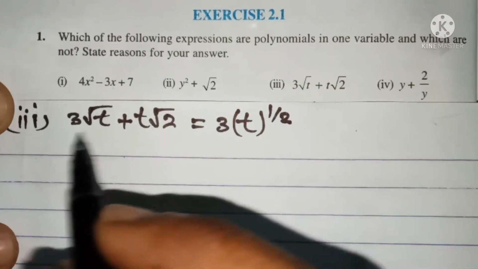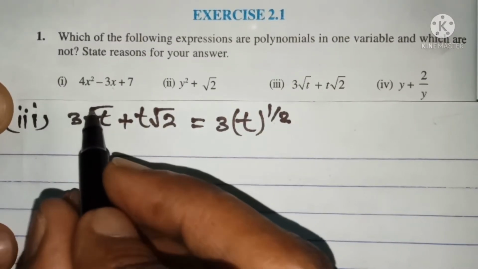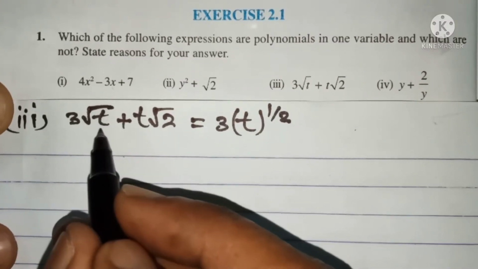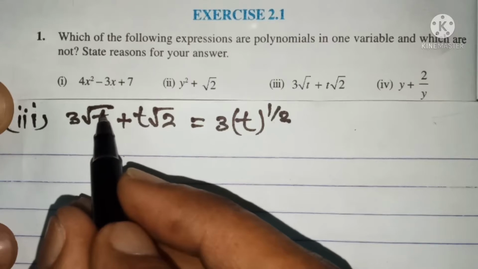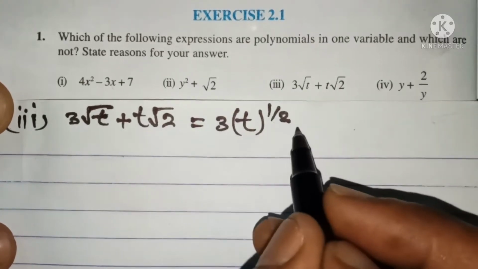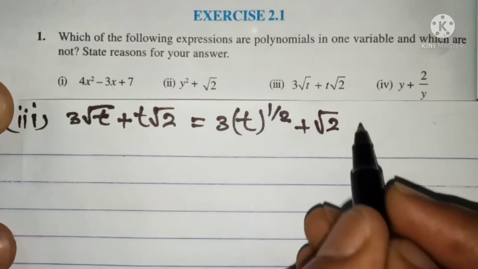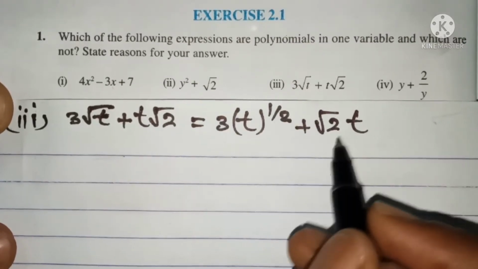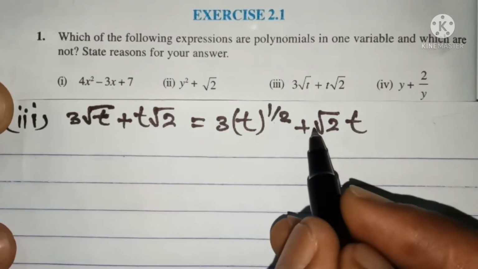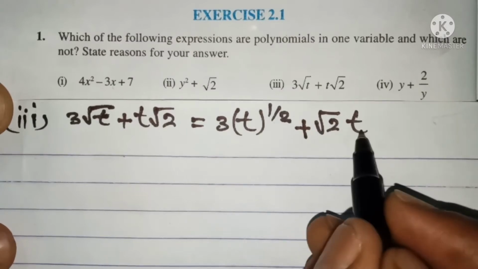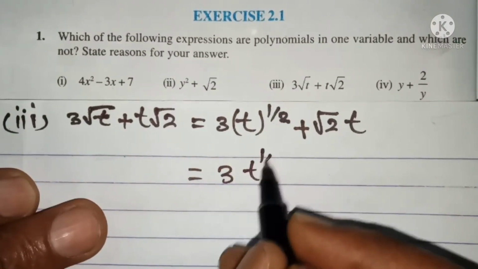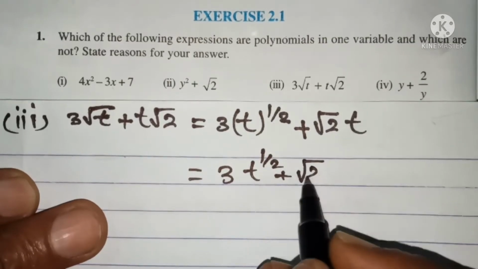We can write the root symbol as a power 1 by 2, so we can remove the root symbol from t and write it as t to the power 1 upon 2 plus root 2 t. The variable is t. We can write t root 2 as root 2 into t. So 3 t to the power 1 by 2 plus root 2 t.